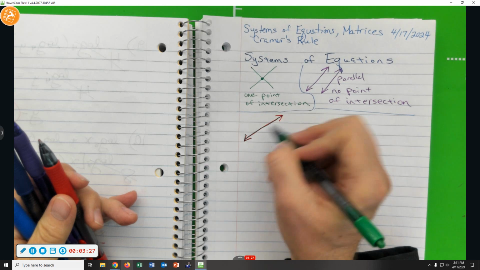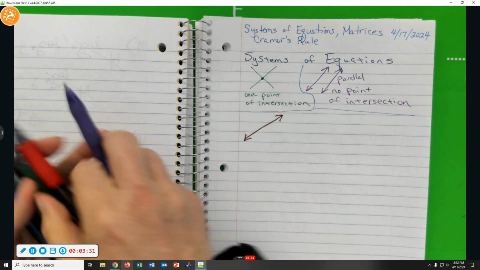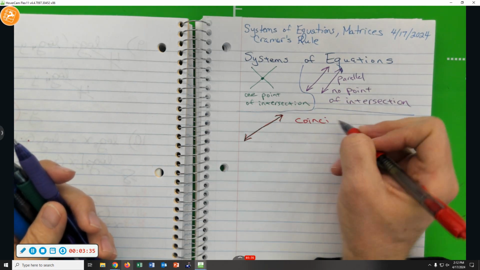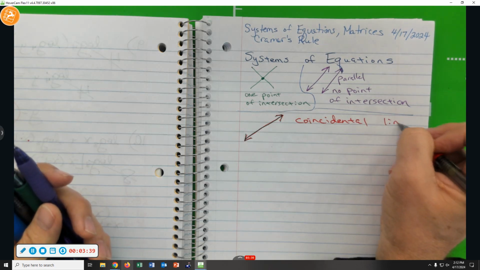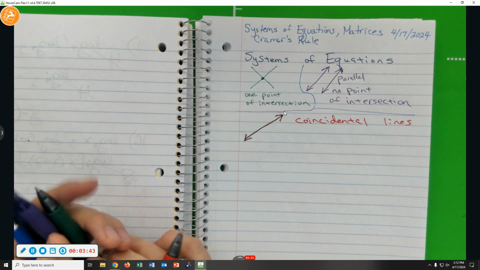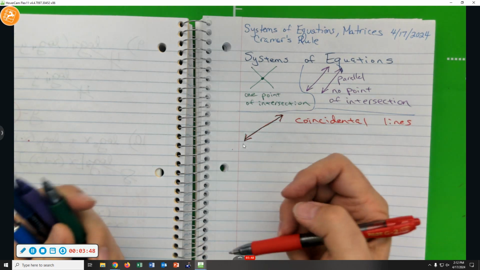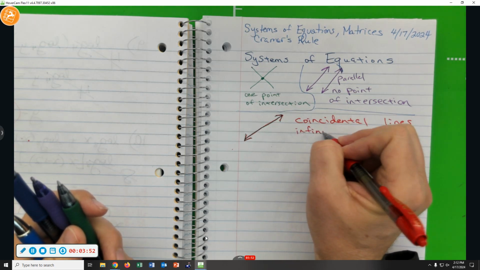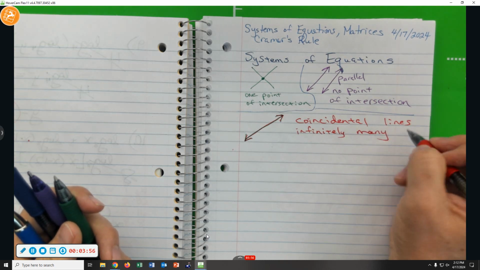These are called coincidental lines. How many points of intersection would they have? One line is sitting on top of the other line. Is it every point? Every point is a common point. So there's infinitely many points of intersection.